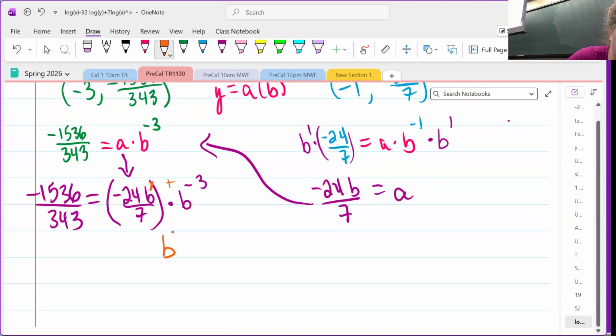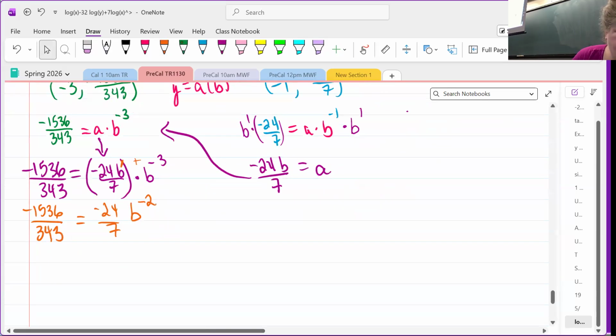So the b power is now the -2 power. And now I got some fraction nonsense to play around with.